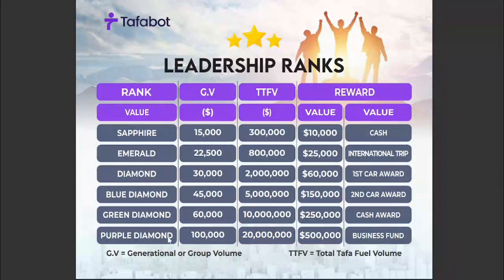Then the purple diamond here is 100,000 GV, 20 million TTFV, and here you get a $500,000 business fund. All right, so this is the leadership ranking and what you earn. This is a possibility, guys. They will not put this here if they know that it is not achievable.